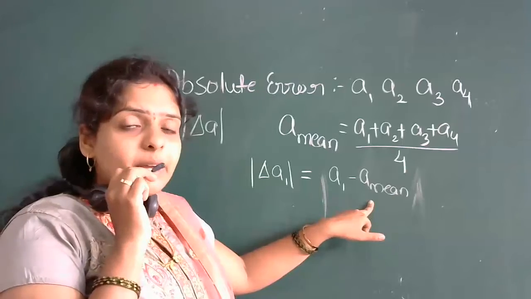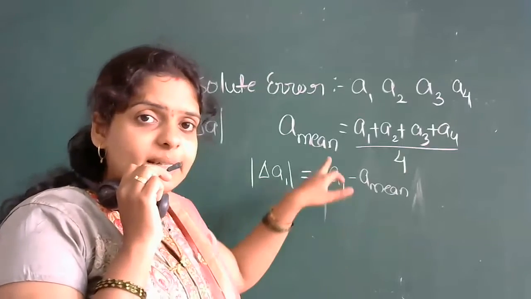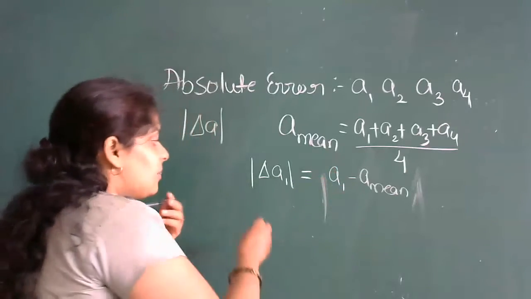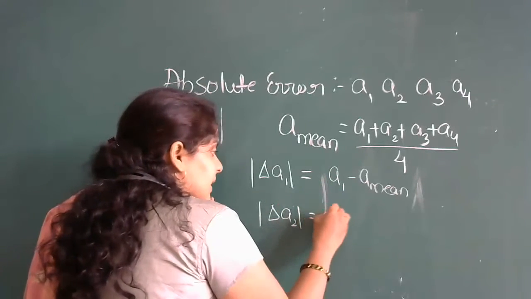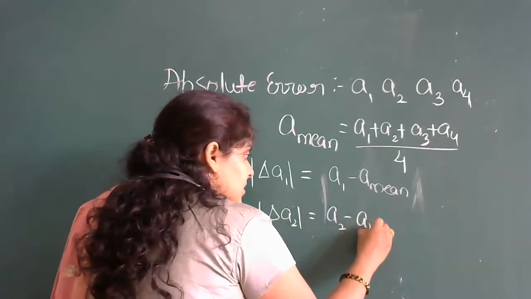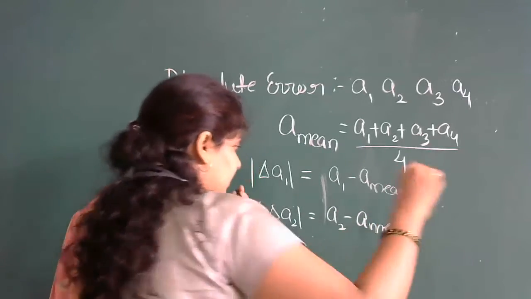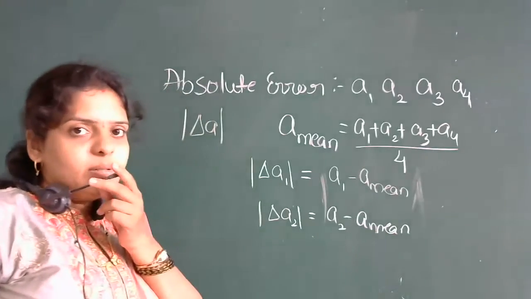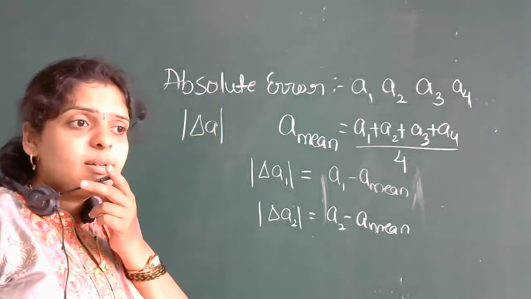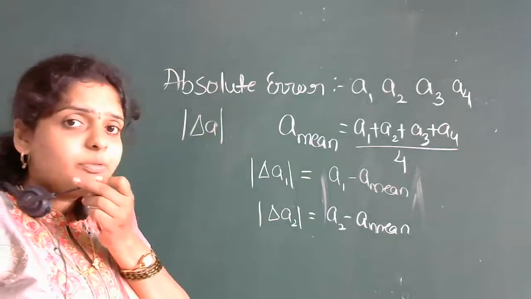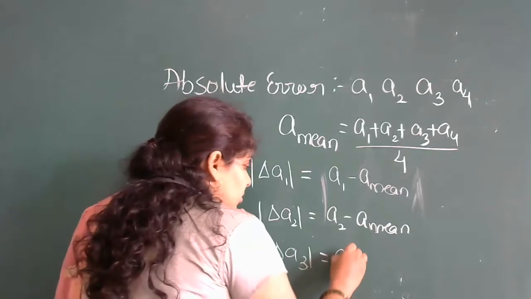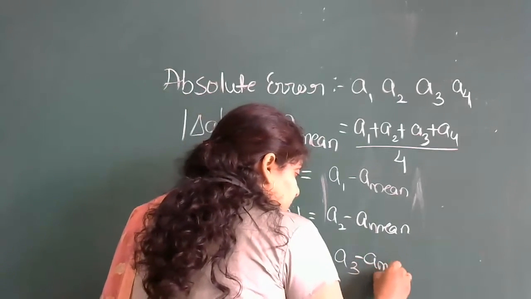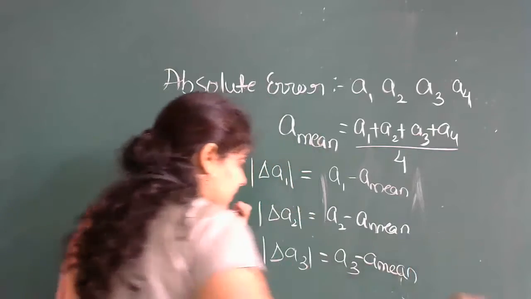So how can you define your absolute error? One more I'll write, then I'll define this absolute error. Then delta A2 is equal to A2 minus A mean. Next, the absolute error of the third term is given by delta A3 is equal to A3 minus A mean.